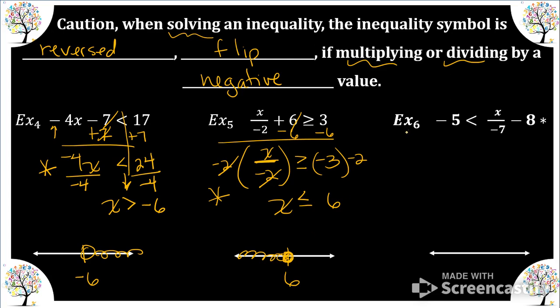Now number 6 is a double doozy. We have our variable on the right, and it looks like we will be reversing the inequality symbol. We're going to add 8. We are going to multiply both sides by negative 7.